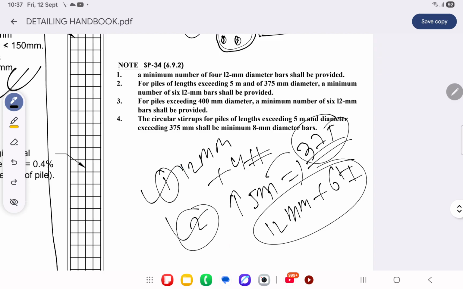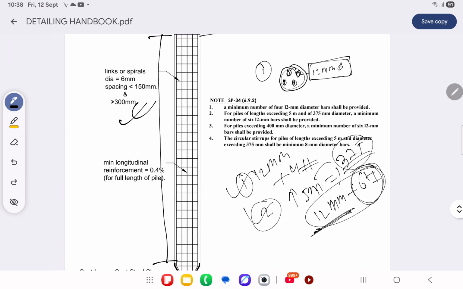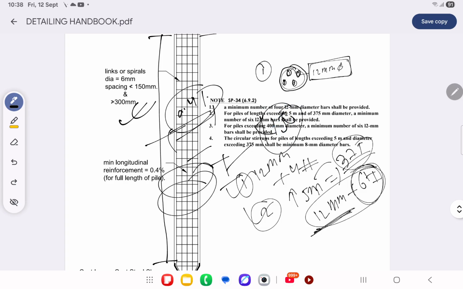And third, if the diameter is more than 400 mm, you can provide the same 12 mm bars, 6 in number. And for minimum longitudinal reinforcement, you have to follow 0.4% minimum. Maximum depends upon the design. And if we provide spiral, the spacing should not be less than 150 mm and not greater than 300 mm.